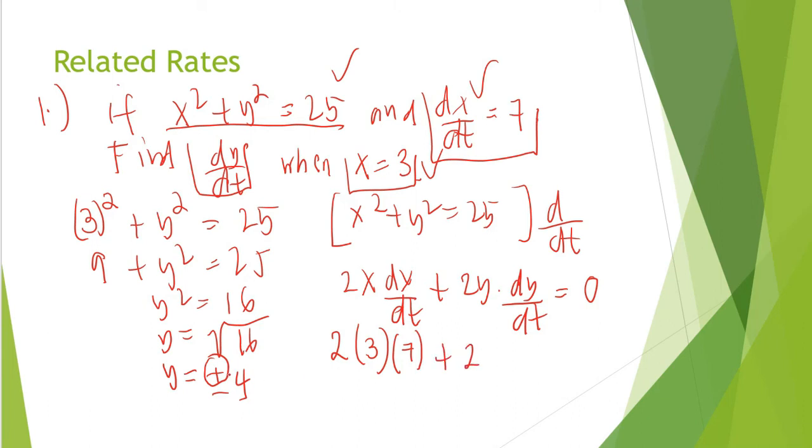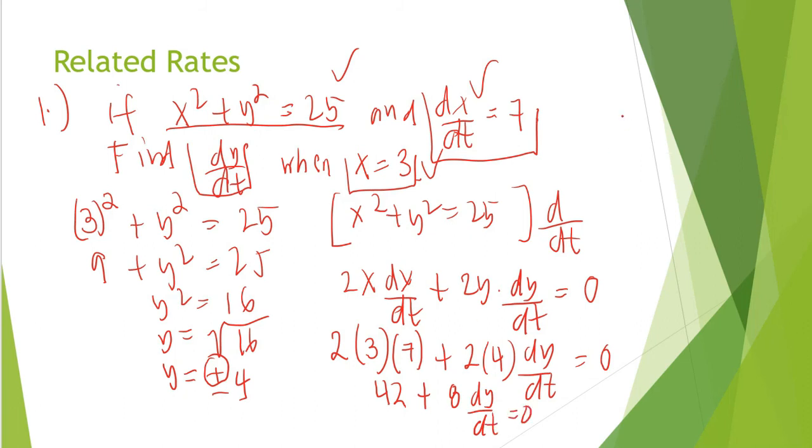And then we have positive 4 muna for dy over dt is equals to 0. 2 times 3 times 7 will give us 42 plus 8 dy over dt is equals to 0.